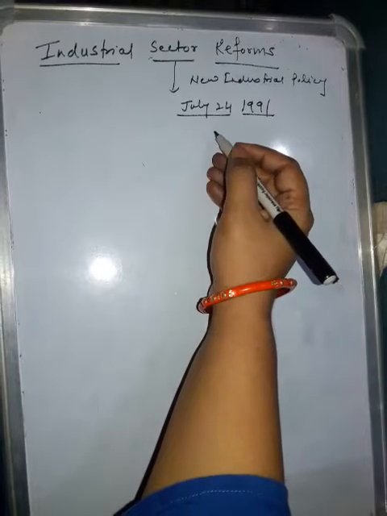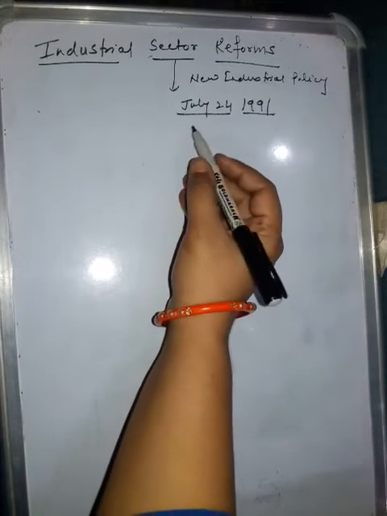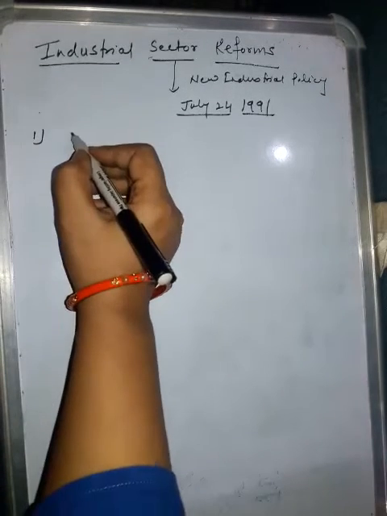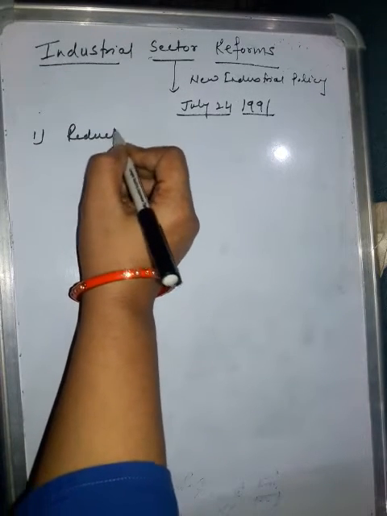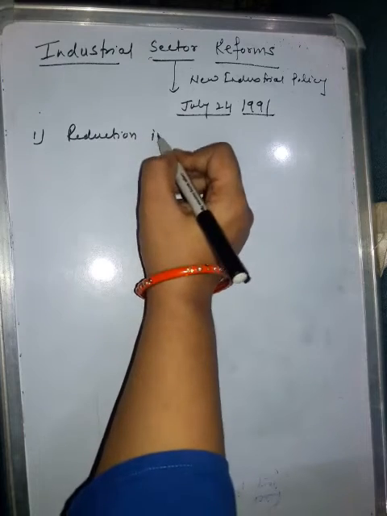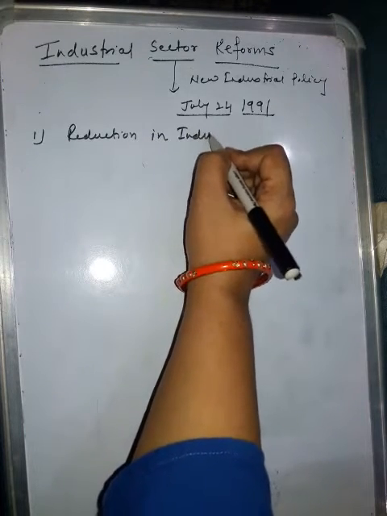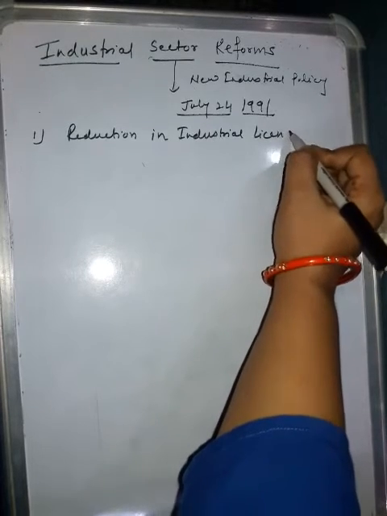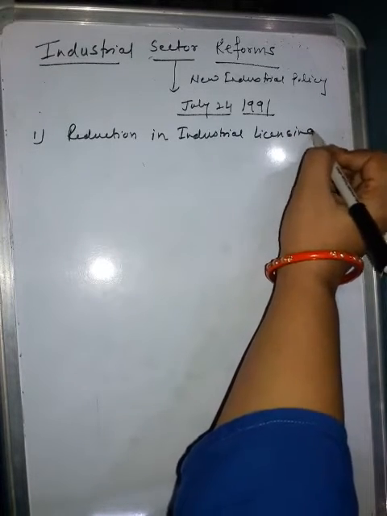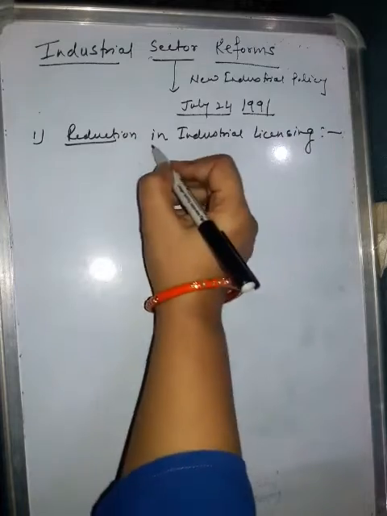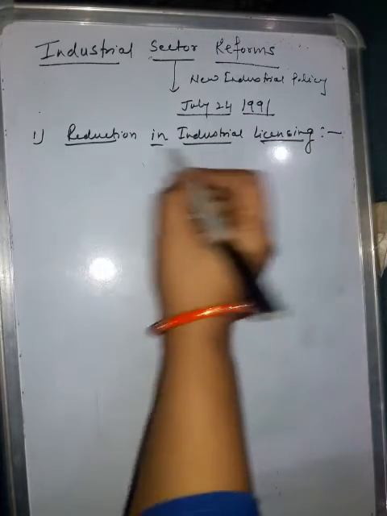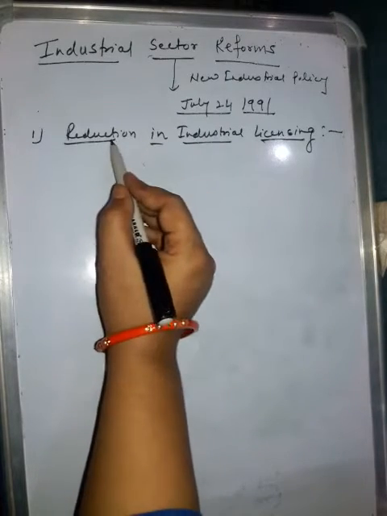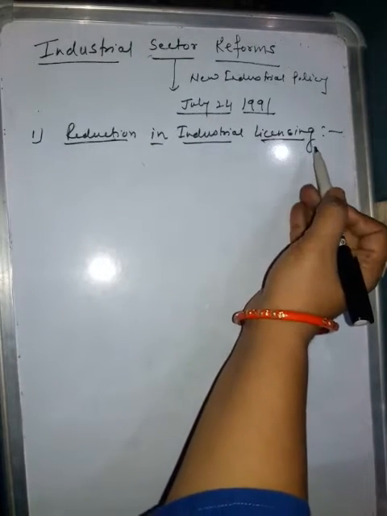Among the various measures under industrial policy reforms, the first one is reduction in industrial licensing.